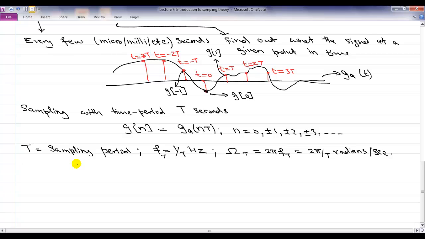For example, if you are sampling my voice, should you sample it every 1 second, every 100 milliseconds, every 100 microseconds? That's an important question, because the continuous time signal consists of infinite values, and you have replaced all of those values with just a discrete sequence.